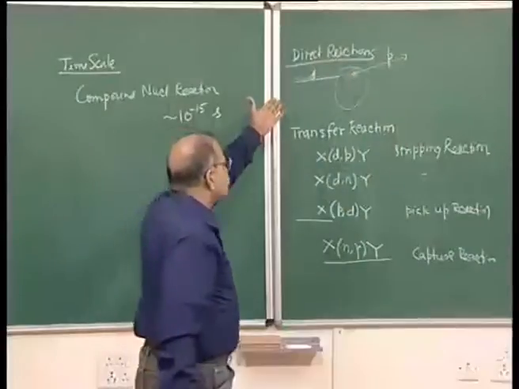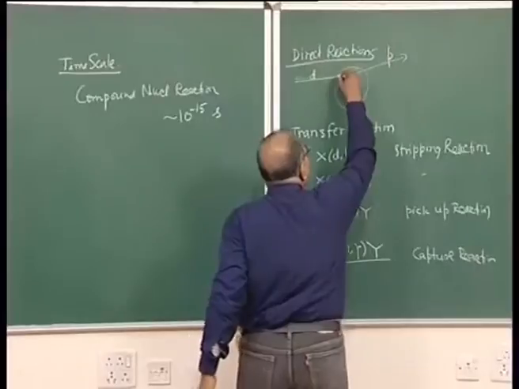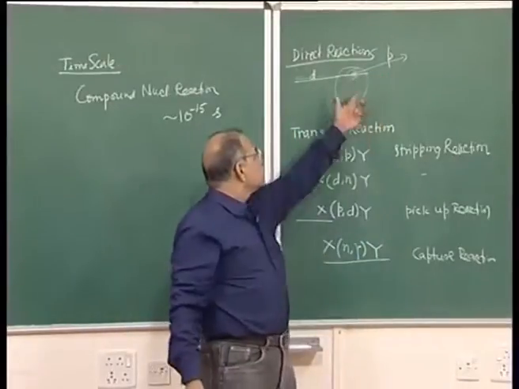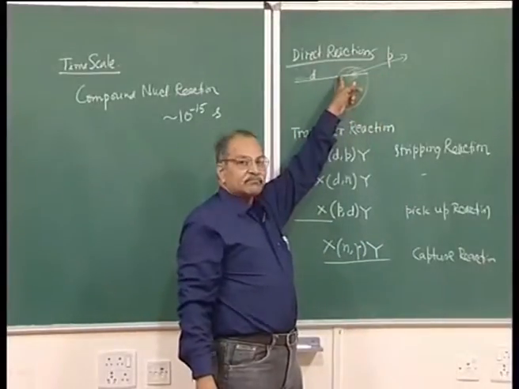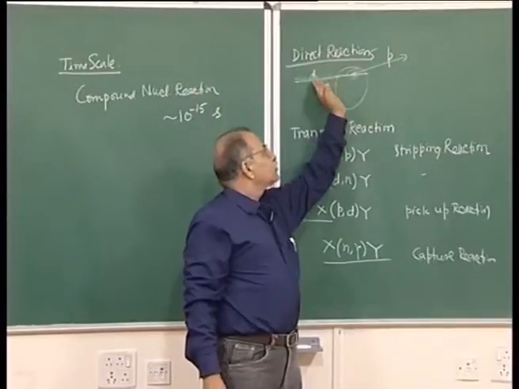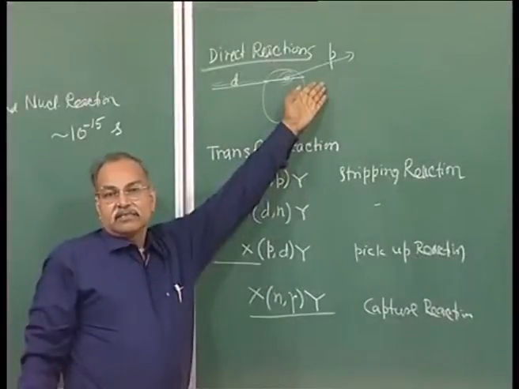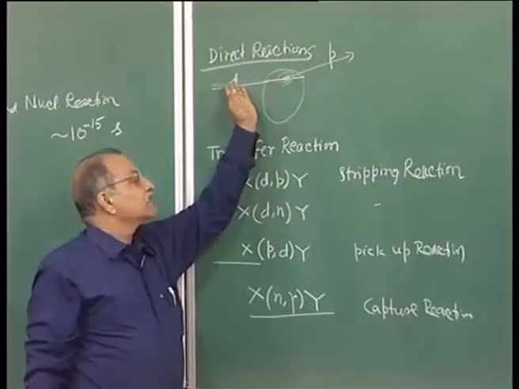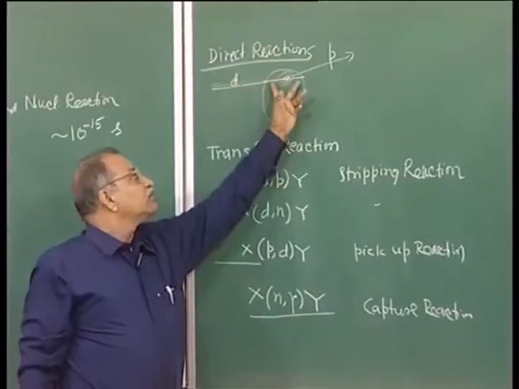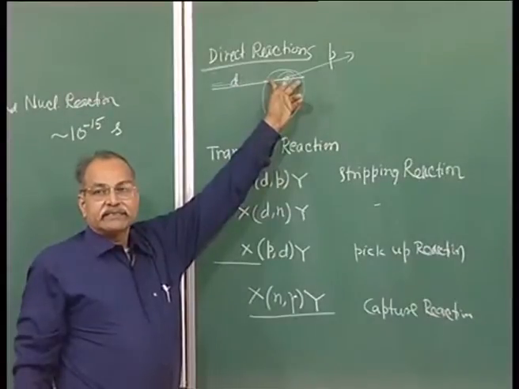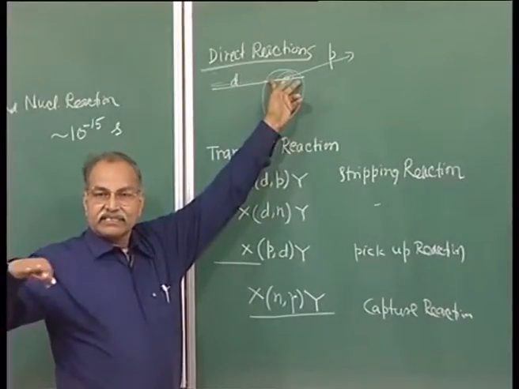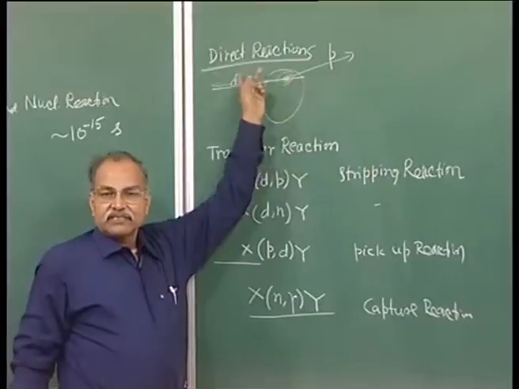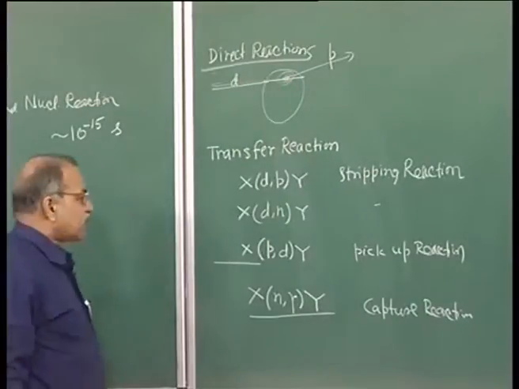In a direct reaction, the time available for reaction is almost the transit time for the particle to cross the nucleus. That can be estimated if you know the kinetic energy of the particle and the distance, the nucleus size, that it has to traverse. One can calculate this time.